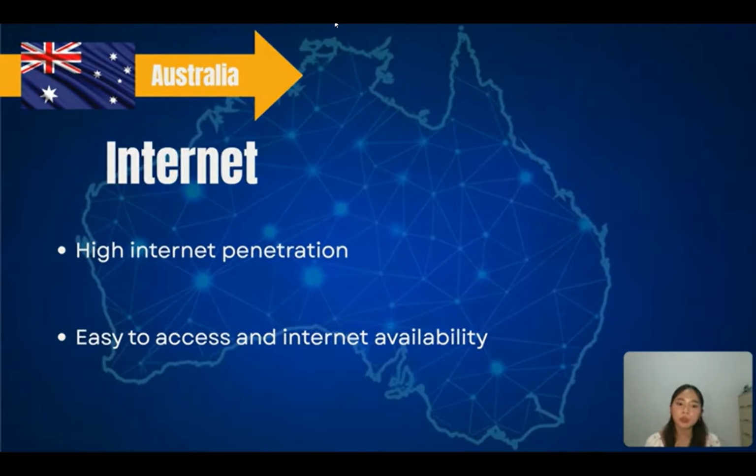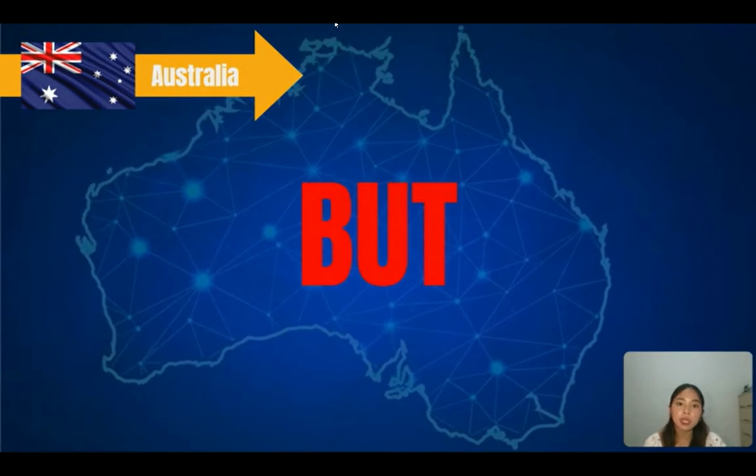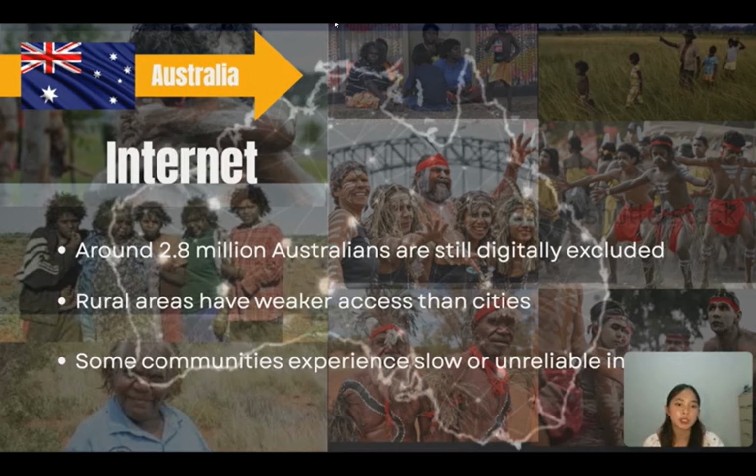But if we look closer, the numbers tell a different story. Despite all the wealth and technology, 2.8 million Australians are still digitally excluded. Think about that. In a country that has it all, millions are still cut off.